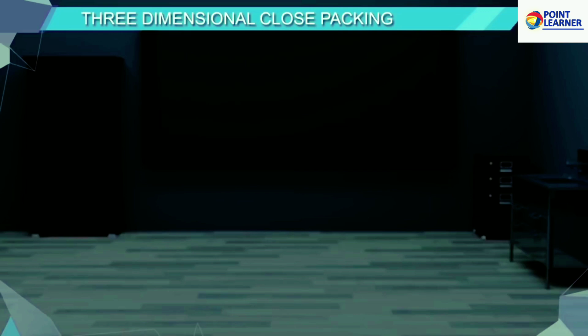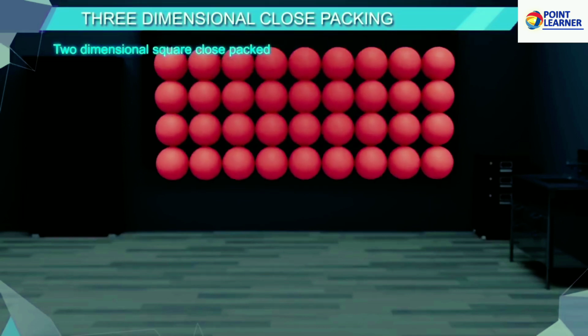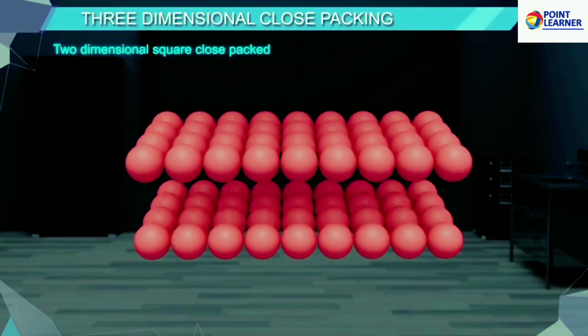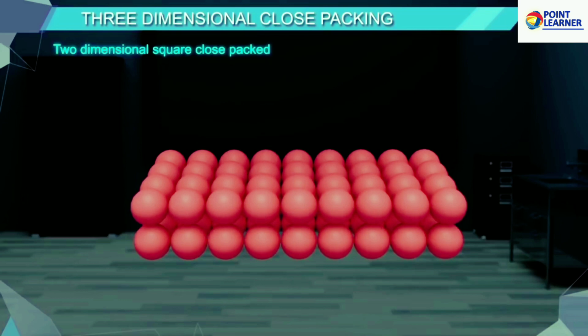3-dimensional close packing from 2-dimensional square close packed layers. This type of packing is obtained by placing a 2-dimensional square close packed layer above the first one, such that the spheres of the second layer are exactly above the spheres of the first layer.